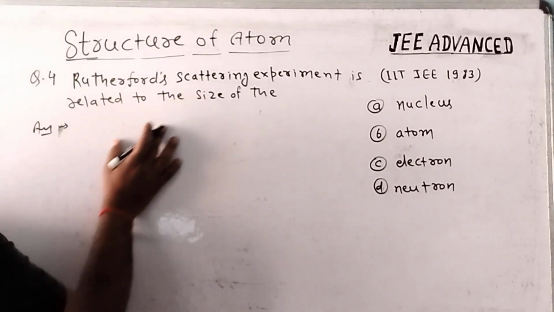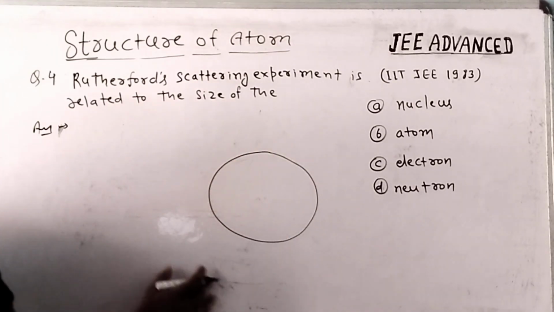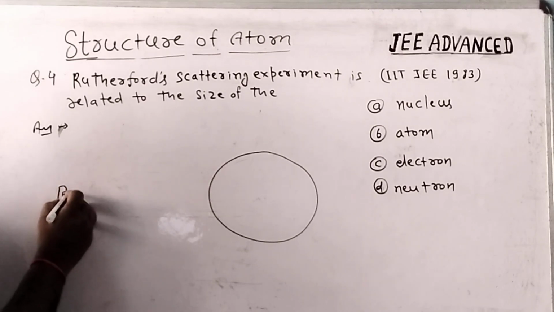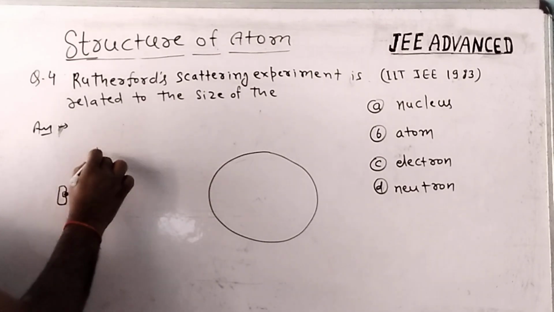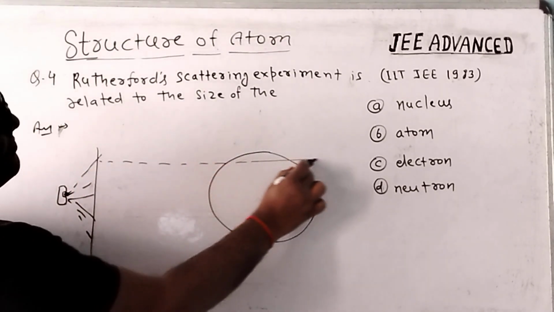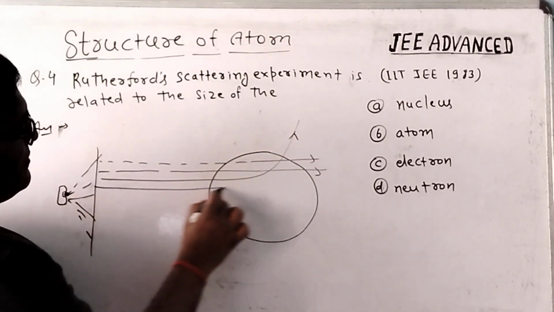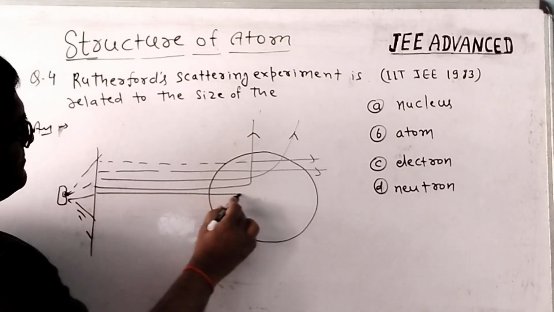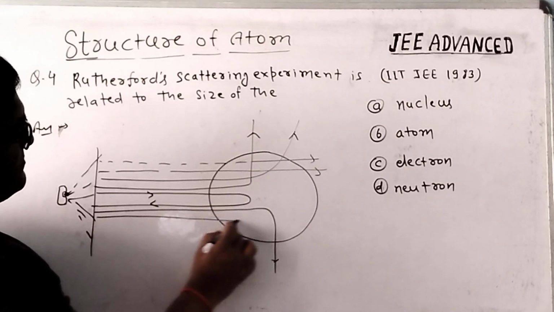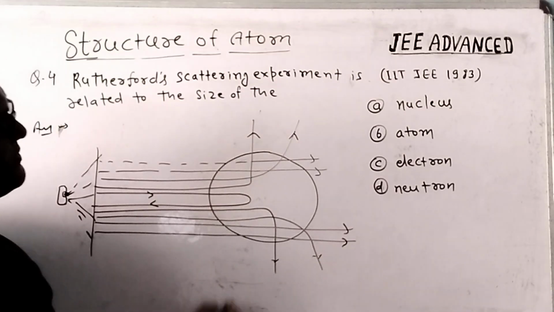Now, in Rutherford's alpha scattering experiment, Rutherford took a thin gold foil, and whenever a beam of alpha particles strikes the thin gold foil, you can observe this type of figure in your books.